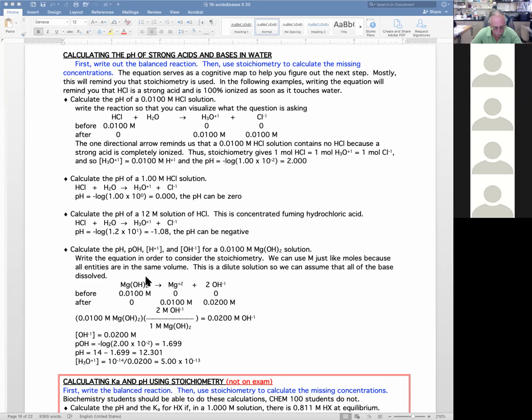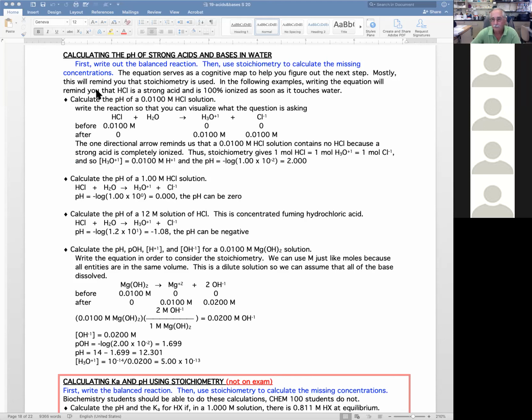This chapter can be quite mathematically challenging, but to tell you the truth, I've done a pretty good job of breaking it up into portions and then telling you what you need to know and what you don't need to know. So this section here, calculating the pH of strong acids and bases in water. The key to everything is figuring out how you're going to solve the problem.